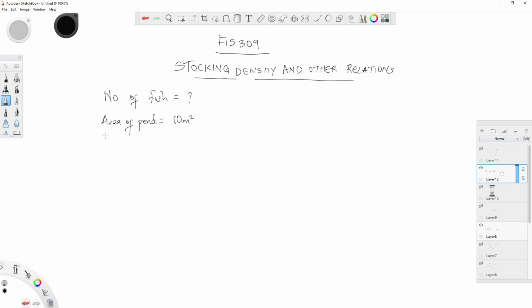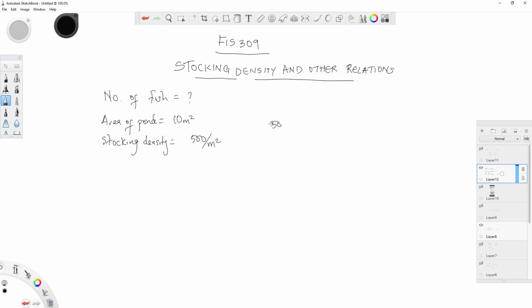If the stocking density, that is the rate they mentioned, is 500 per meter square. How do you do this? You do it basically the same way you've done the other one, but this time around, this one is not in hectare, so we are safe. You can just go straight.